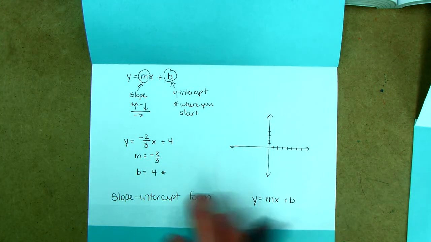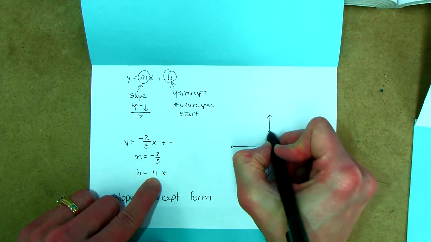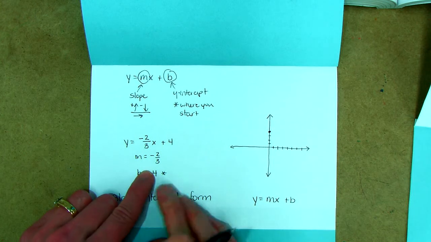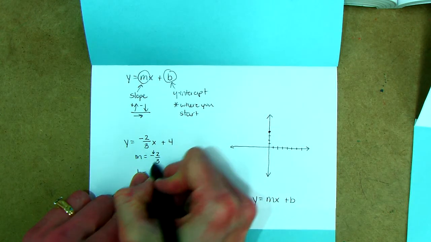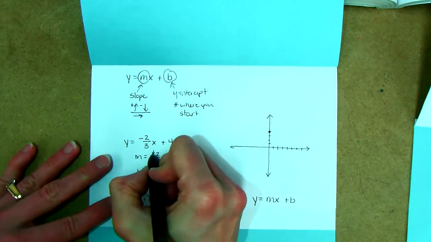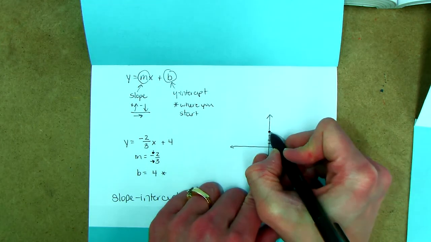Now our slope tells us how we move. Because this is negative, we go down and to the right. If it would have been positive, we would go up and to the right. We always go right. So from my y-intercept, I'm going to go down 2 and to the right 3. Down 2 to the right 3.